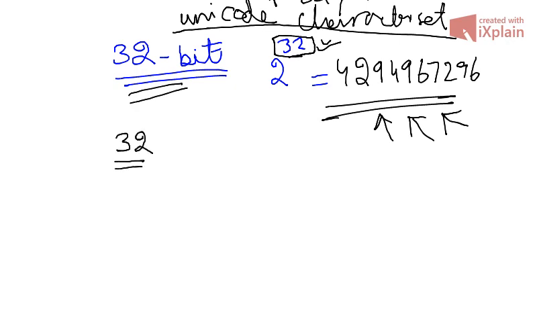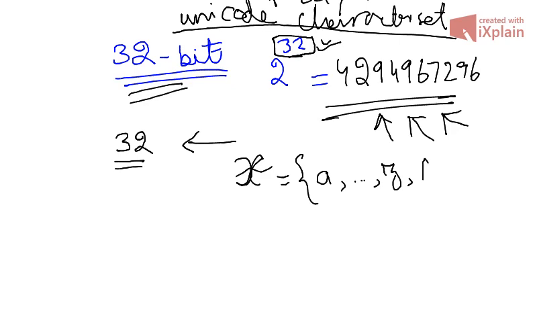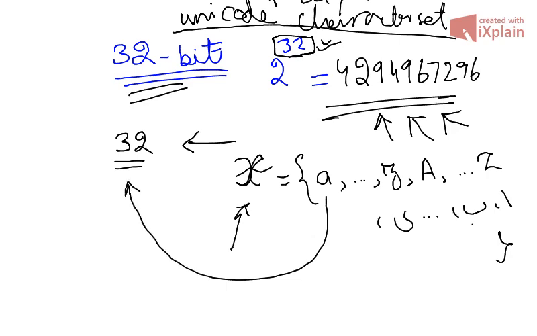If you are using the 32-bit Unicode character set, then each alphabet of this set, which may be A to Z, capital A to capital Z, all the Arabic letters, all the Urdu letters, all the French letters, should be saved in 32 bits. So the memory requirement is much more.